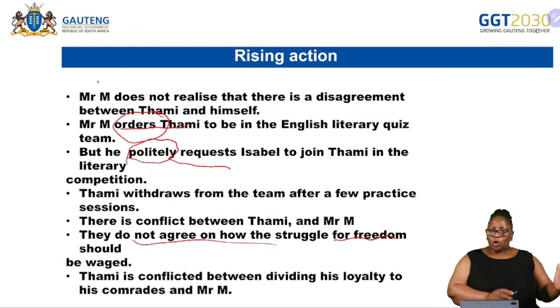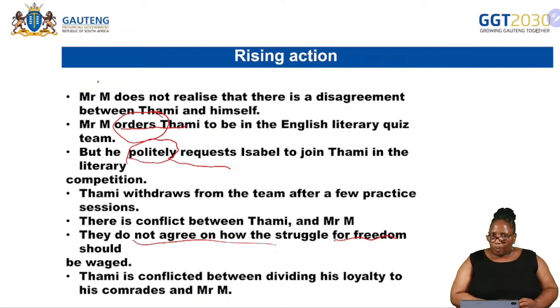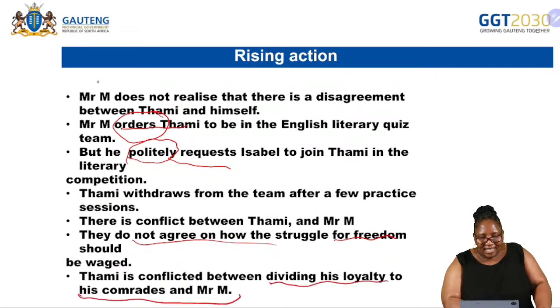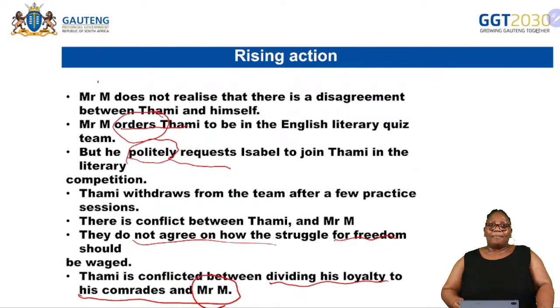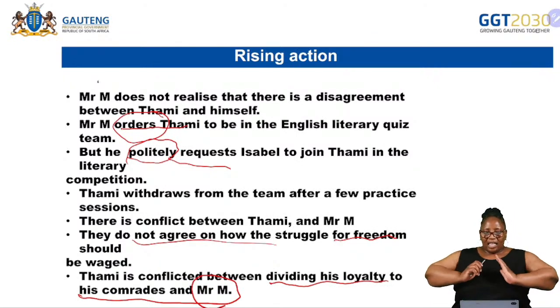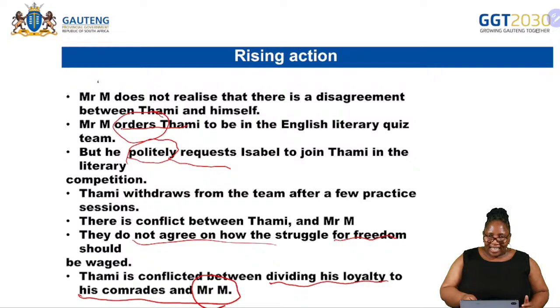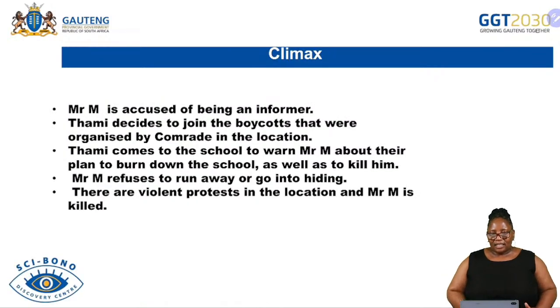He wants to pledge loyalty to his comrades, and then on the other hand, he respects Mr. M. He wants to be seen as a good student to Mr. M. So that's the conflict that is at hand.